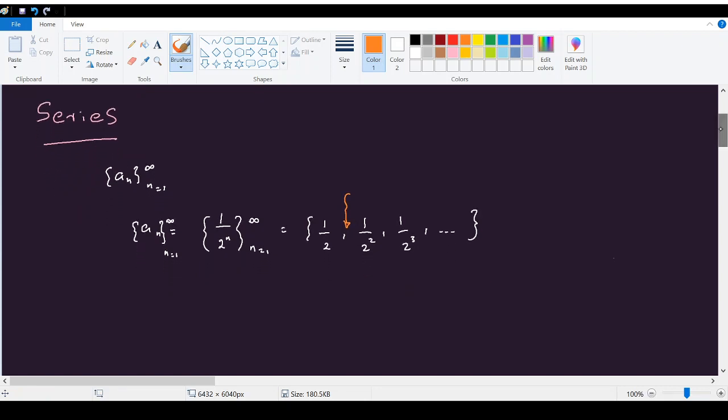And a series means, the notation of a series is something like this.